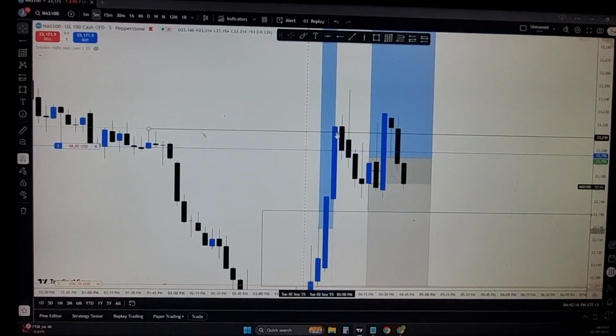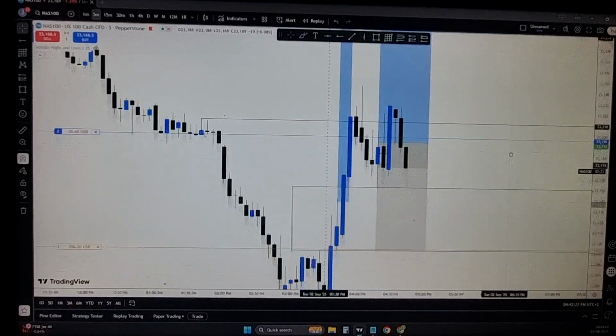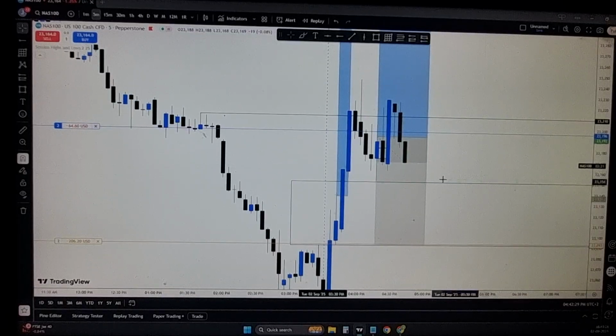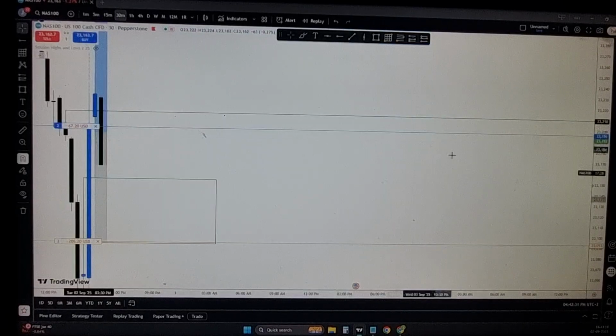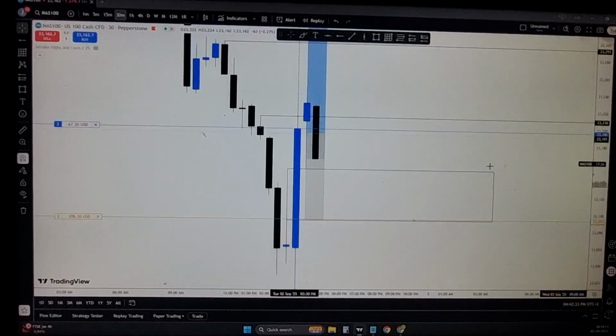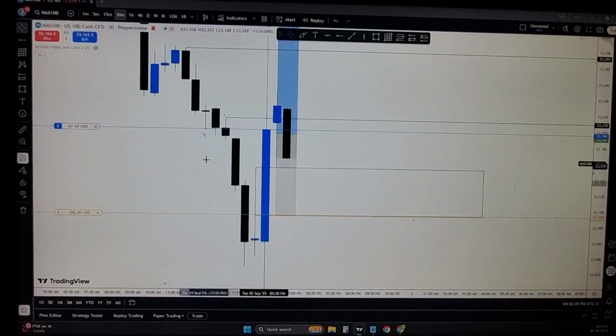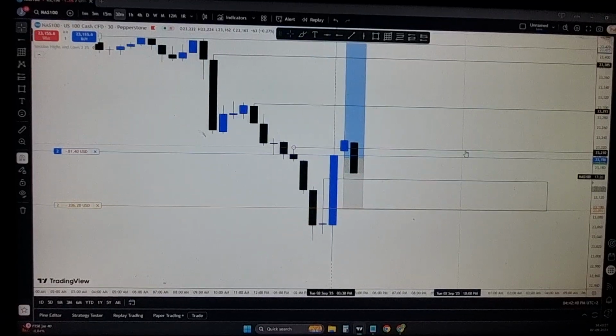Still running $15 in profit on this trade, and this one is negative $52. So we're gonna have to see. But yes, okay, we are entering this 30-minute fair value gap almost. So yes, this is where we're gonna leave it.